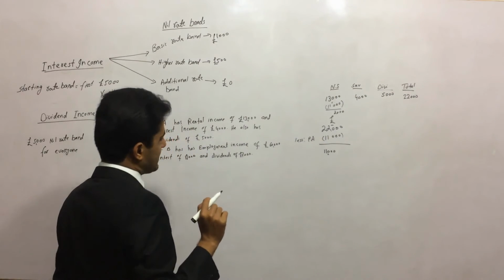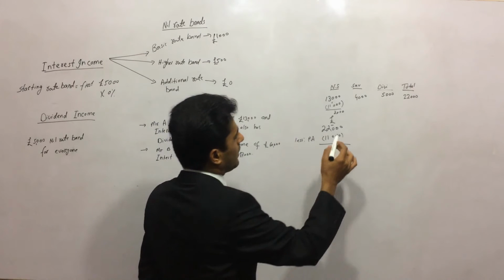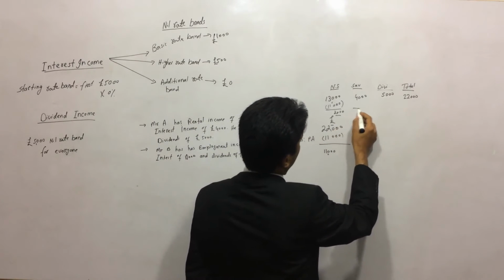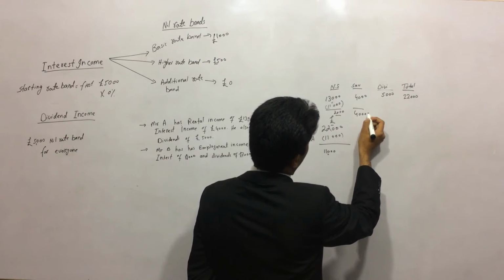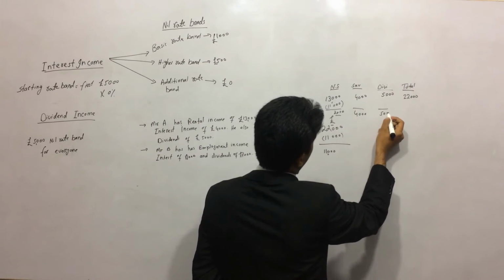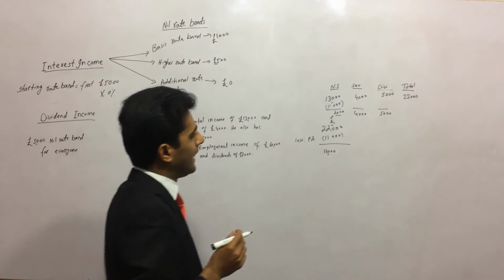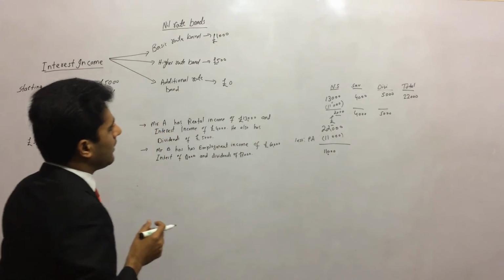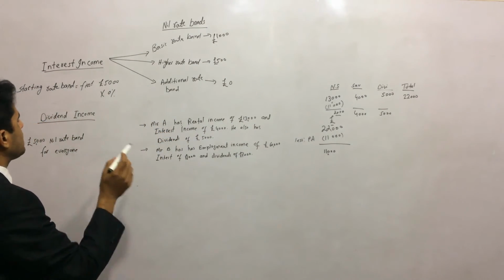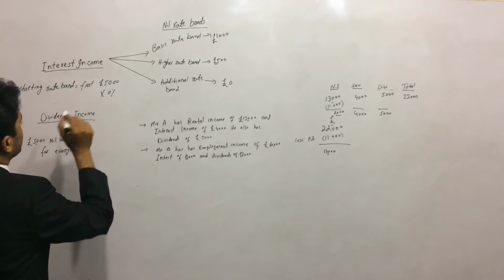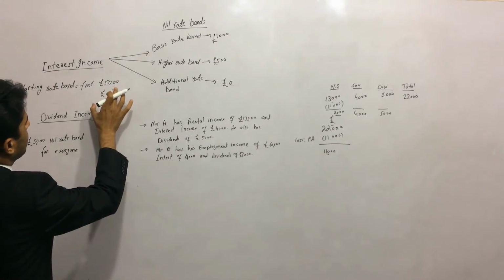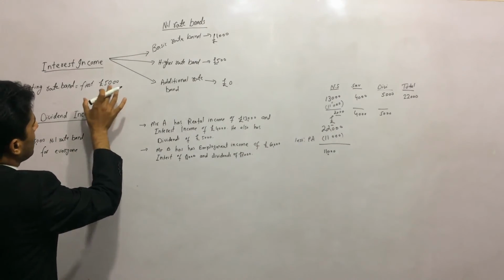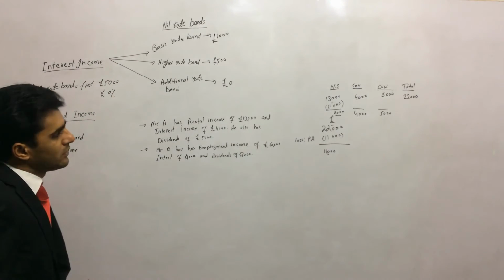Now I need to calculate the tax. £2,000 in here, £4,000 in this one, and £5,000 in here, so altogether £11,000. We will get the starting rate band of £5,000 if interest income falls within it.